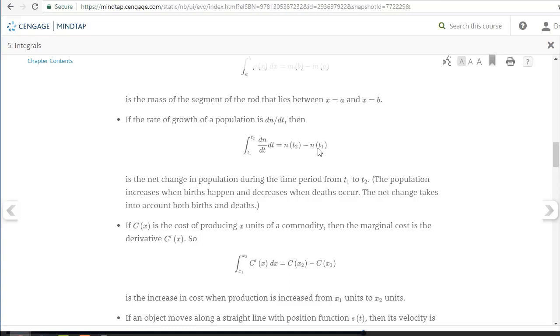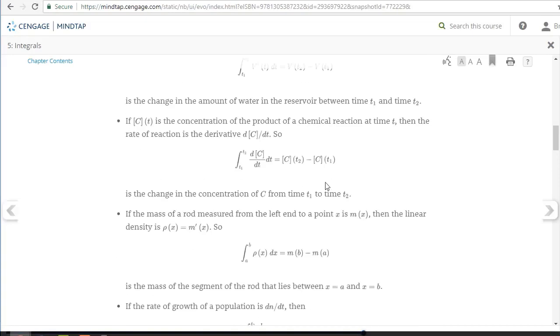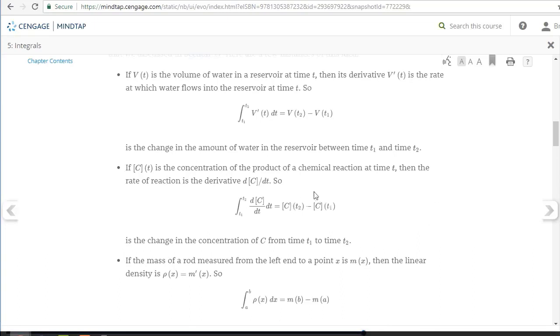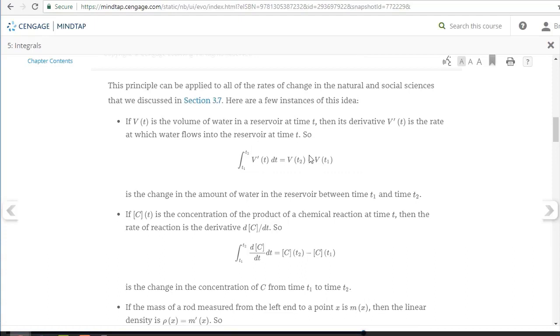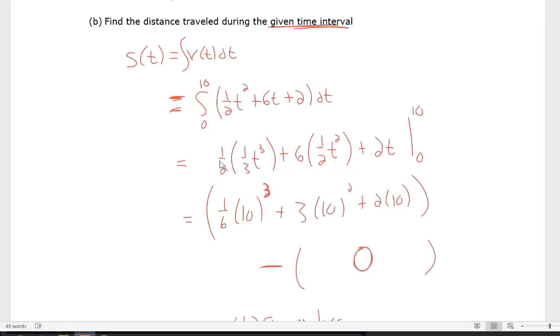So we have five or six examples here where the net change theorem is within an application giving me the distance traveled, or the difference of mass, or the change in concentration, or the change in volume from one time to the other.